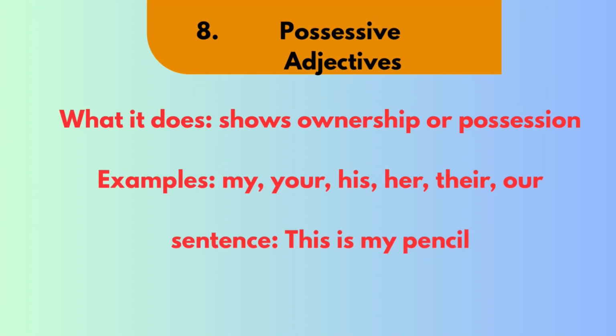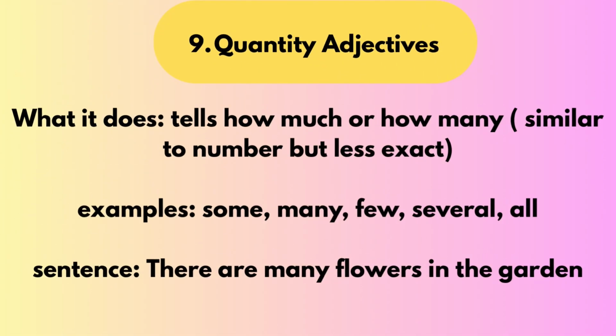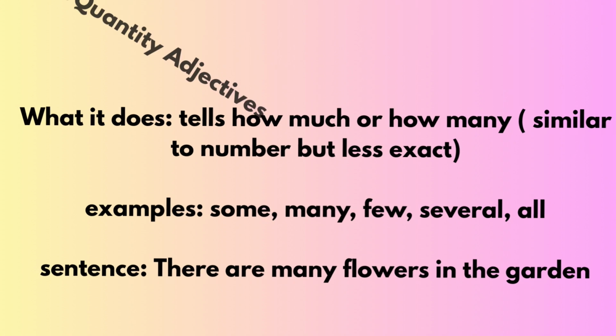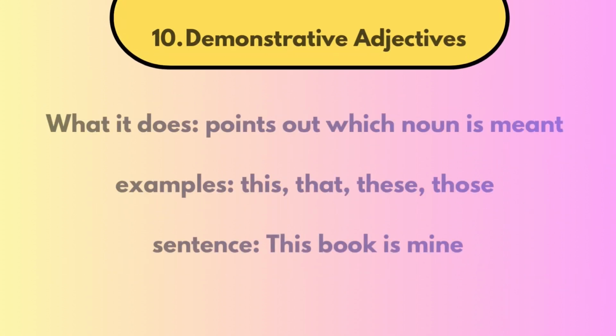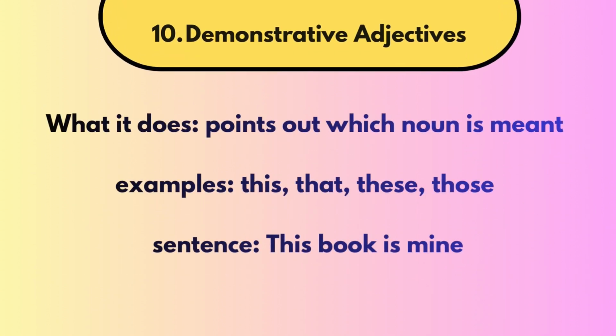Quantity adjectives tell us how much or how many, not exactly like numbers: some, many, few, several, all. There are many flowers in the garden. We have demonstrative adjectives that point out which noun is meant: this, that, these, those. This book is mine.